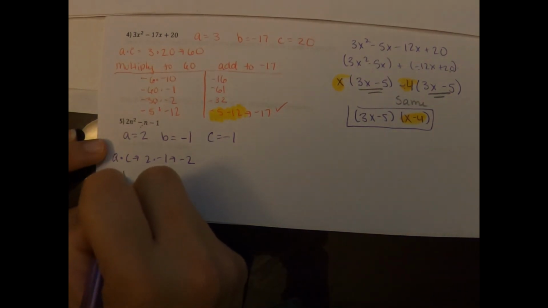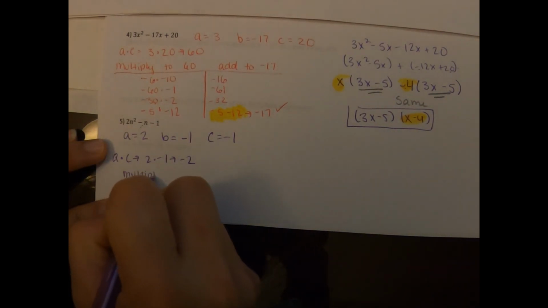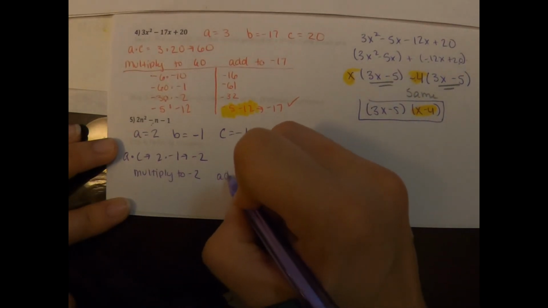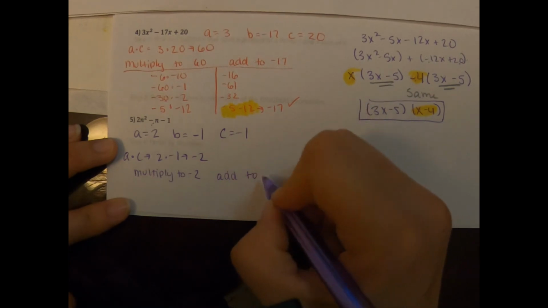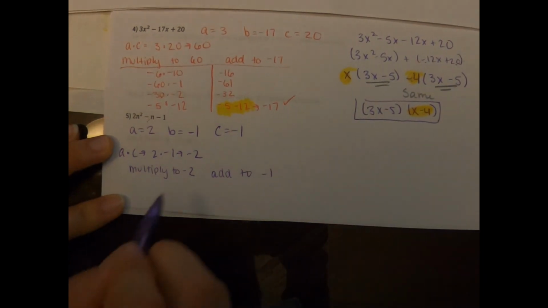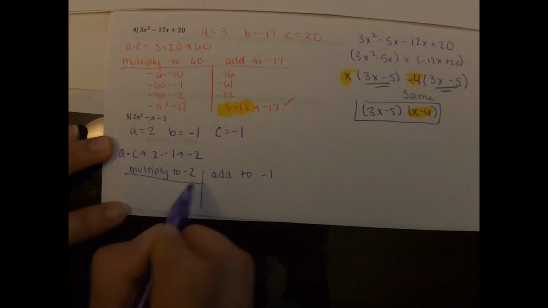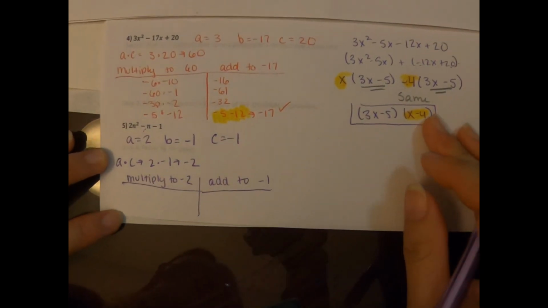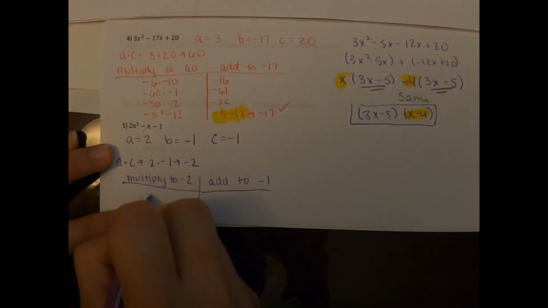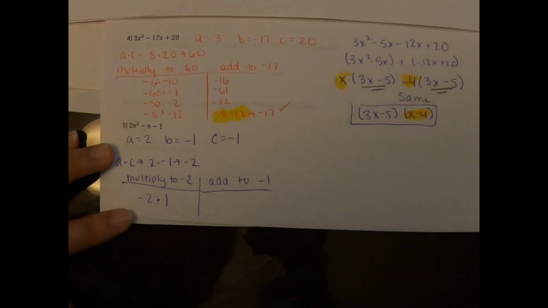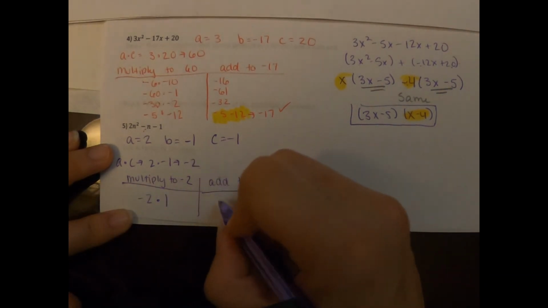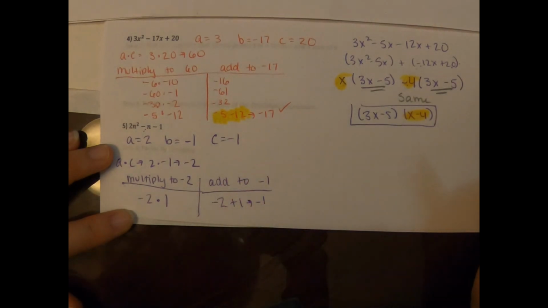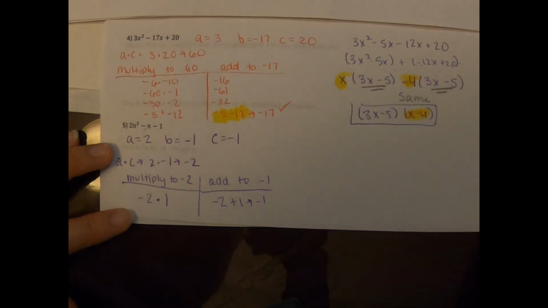What's going to multiply to negative 2, add to negative 1? What multiplies to negative 2? Negative 2 times 1. Negative 2 plus 1 is negative 1. So our numbers are negative 2 and 1. We'll put them in the middle.